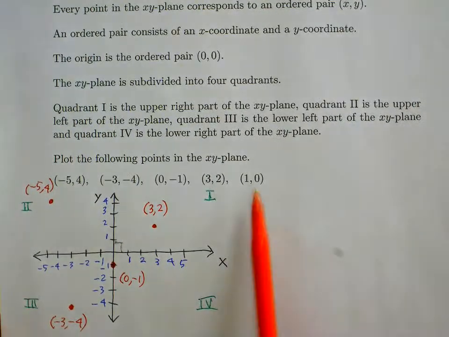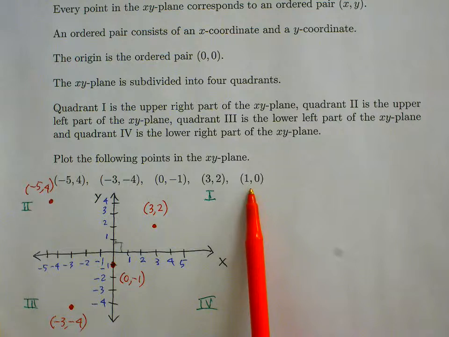And then the final point in this little exercise, the ordered pair 1, 0. So where is that point in the xy plane? Which quadrant is it in? It's not in a quadrant, but where is it?